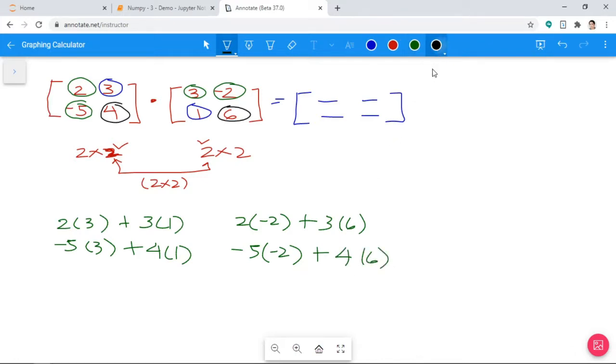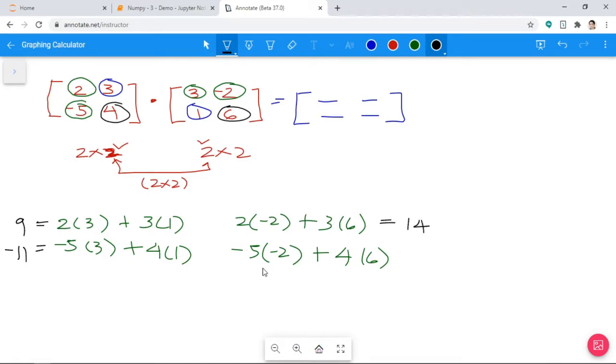Okay, let's derive the answers. This is 6 plus 3, so this is 9. We have negative 15 plus 4, so this will be negative 11. Here we have negative 4 plus 18, so we have positive 14.